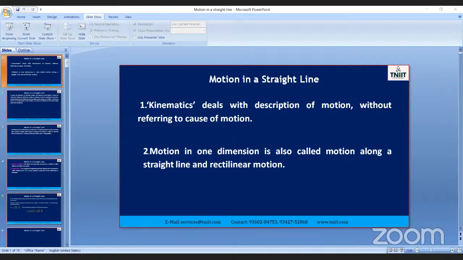In the case of the equations of motion, we have derived the three equations, that is v = u + at, s = ut + ½at², and v² = u² + 2as.